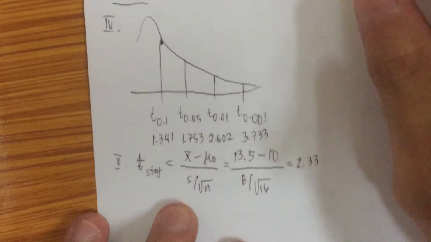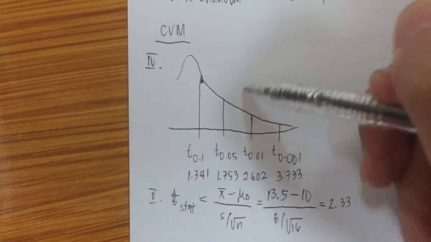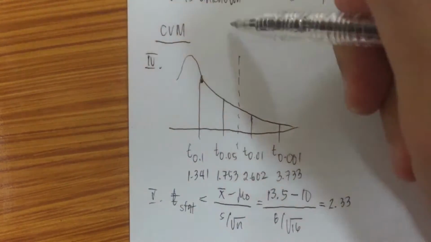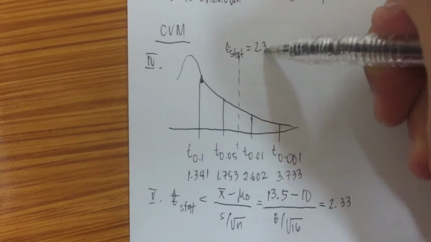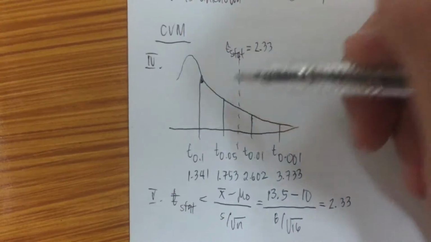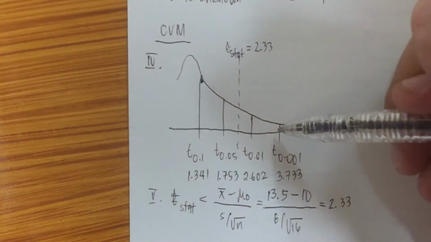Then to make the decisions, we check if that test statistic is inside the rejection area. So 2.33 is somewhere here, that's t sub stat equal to 2.33. That's inside the rejection area for 10% and 5%, but not for 1% and 0.1%.